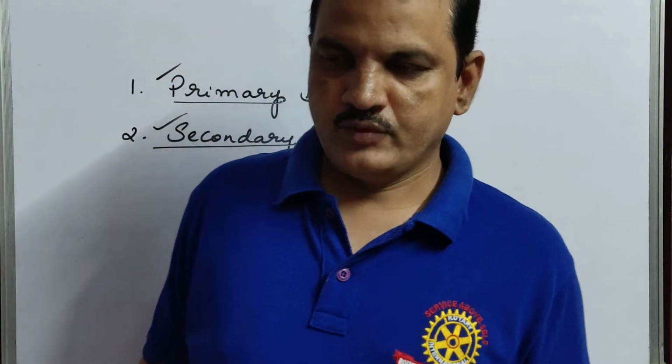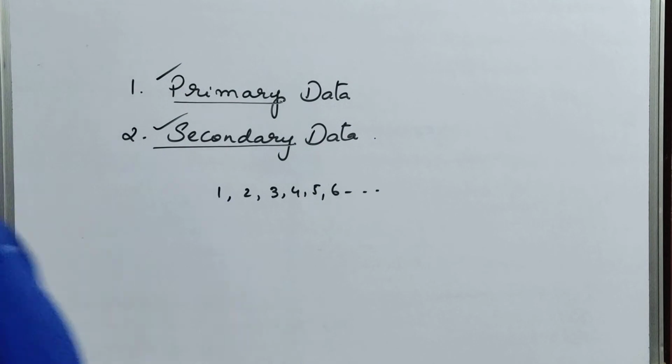Now coming to Exercise 14.2. Children, even in Exercise 14.1, the second question is there, no? In the first question they ask you to write some examples of primary data and secondary data.